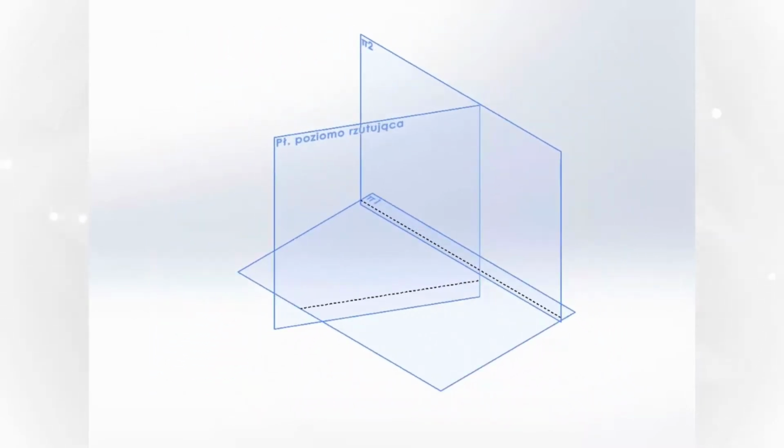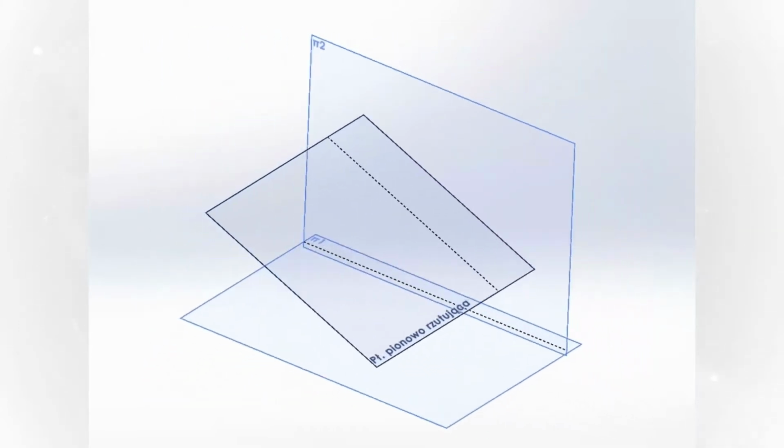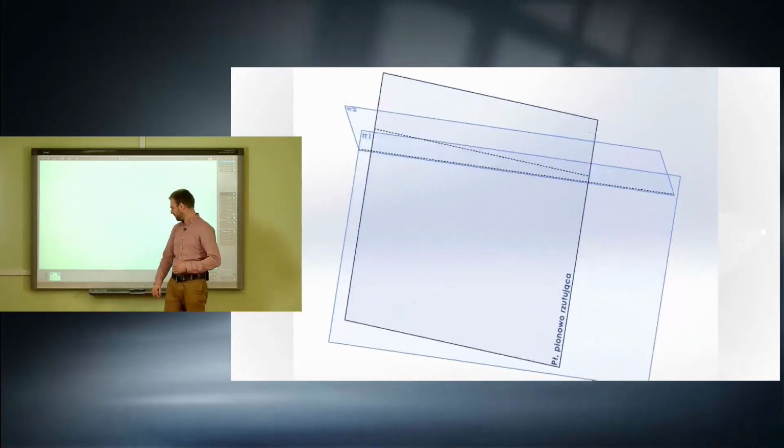Another case is a plane which is perpendicular to P2, an elevation projecting plane. We see that special planes have a special feature.